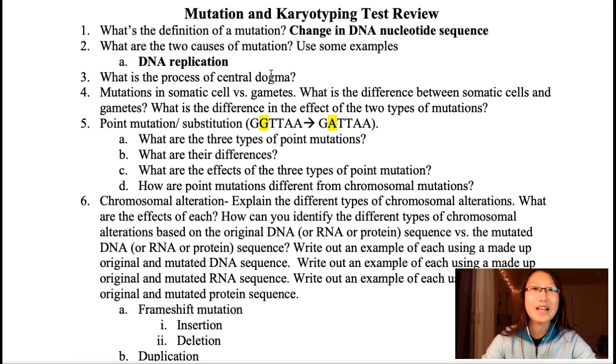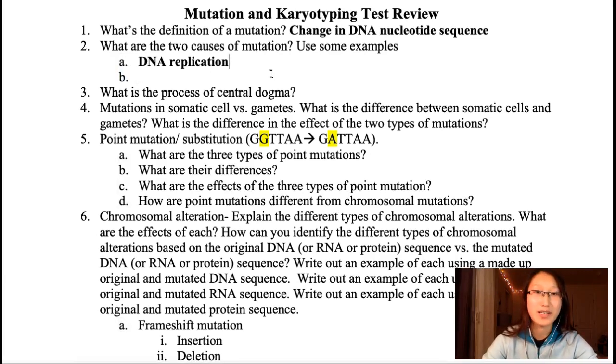Okay, the next possibility is transcription. So during the transcription process, DNA is used as a template for RNA, right? During this process, it's also possible that we can have a change in the sequence of the RNA, which is going to change the protein that's formed using the RNA as a template.